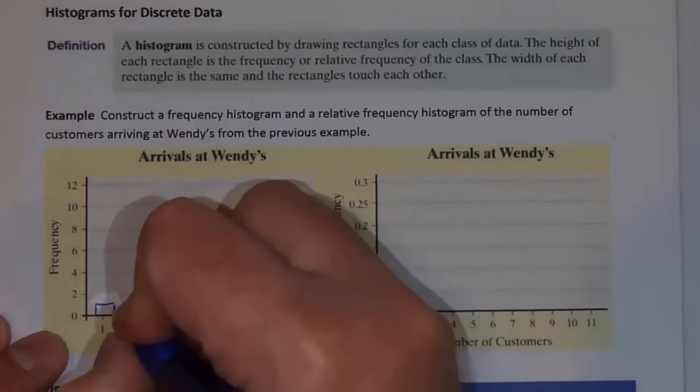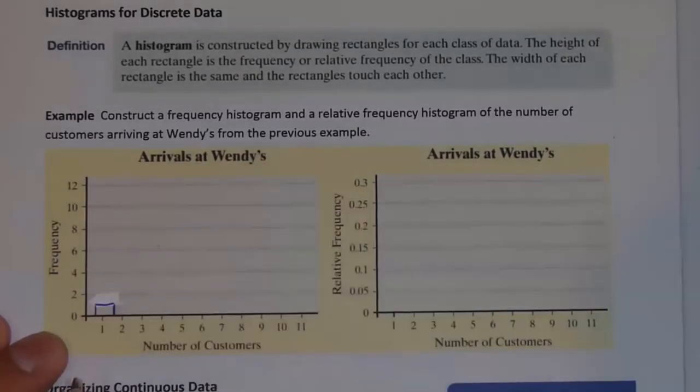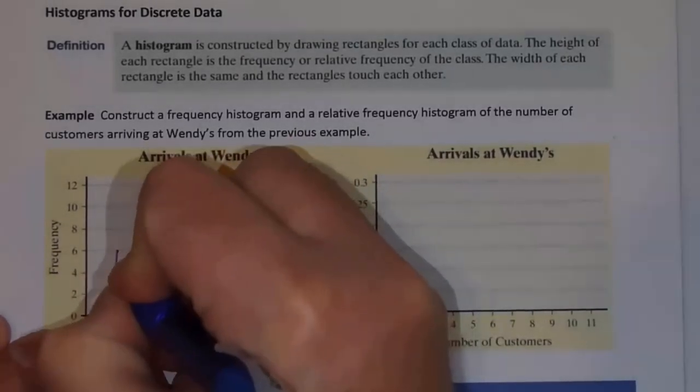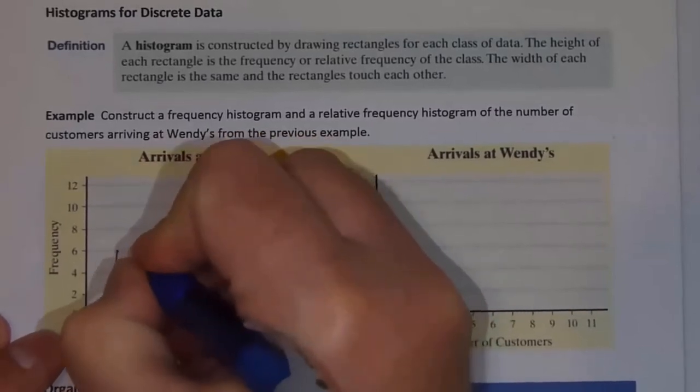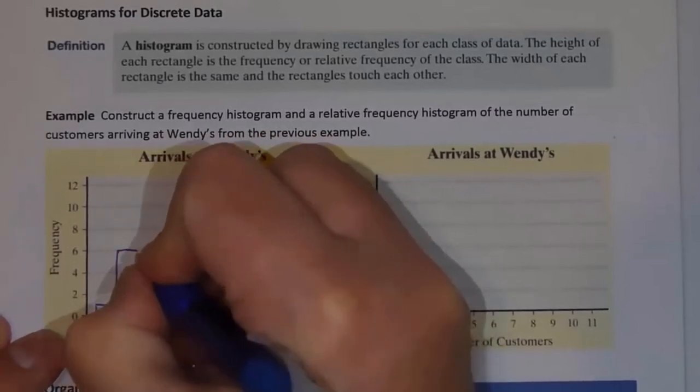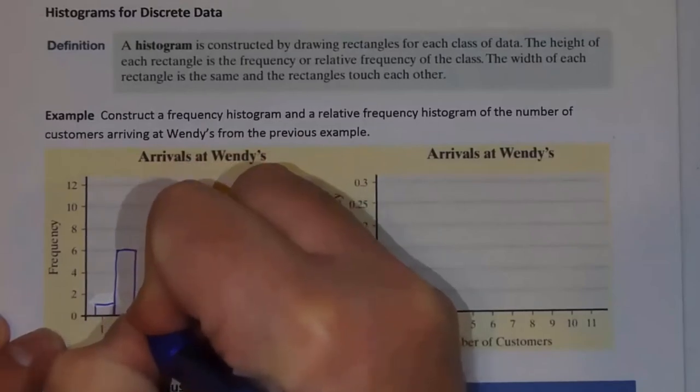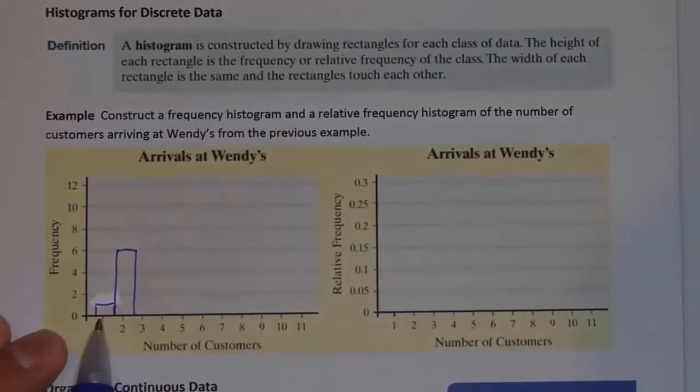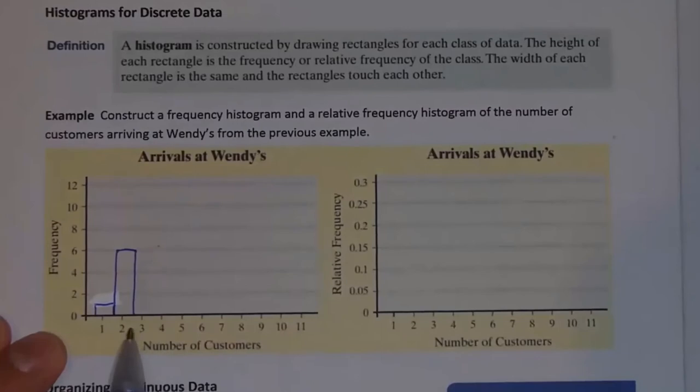So I'm going to start where I stopped this bar, and go up to 6, and over and back down. Notice the width of my bar here. I'm going really from about halfway between 0 and 1 to halfway between 1 and 2. And I'm going to continue that, halfway from 2 to 3, and so on and so on.